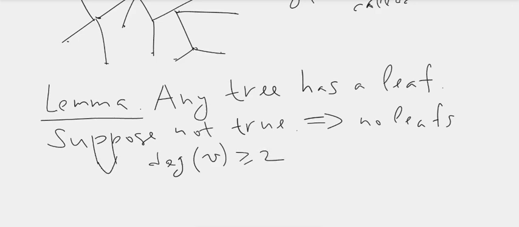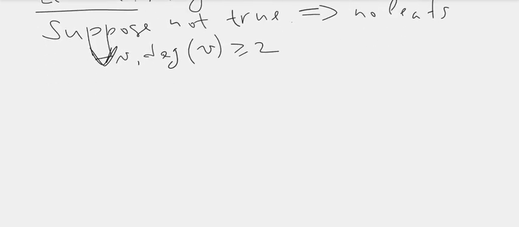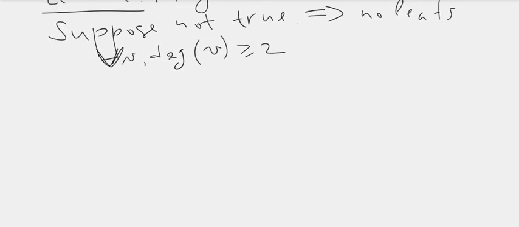So for any vertex V, the degree of V is at least 2. So let's consider, we start with any arbitrary vertex. It has degree at least 2, but at least it has an edge that is incident to it.